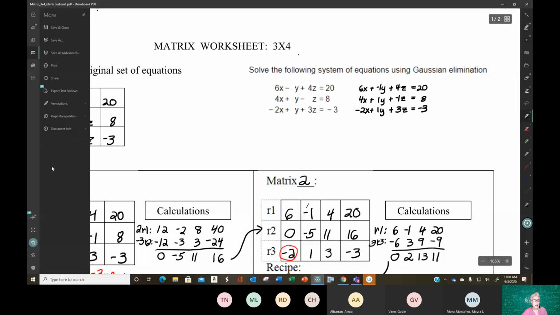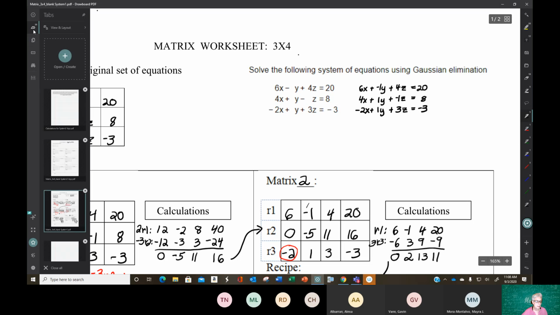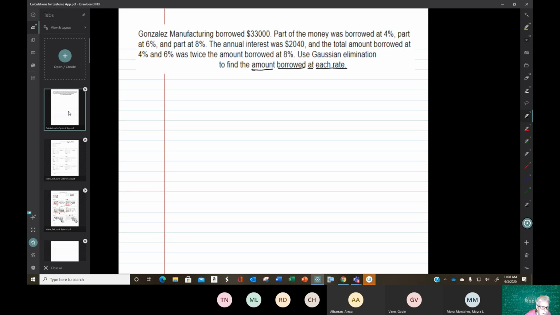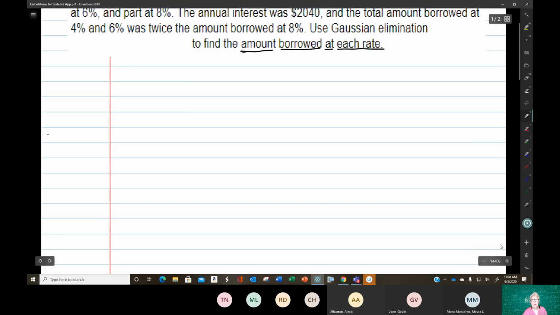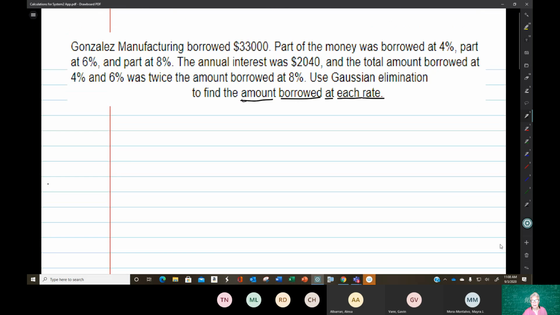And then I am going to pull up this, because we have to set up our matrix. We have to actually calculate what the numbers are going to be.